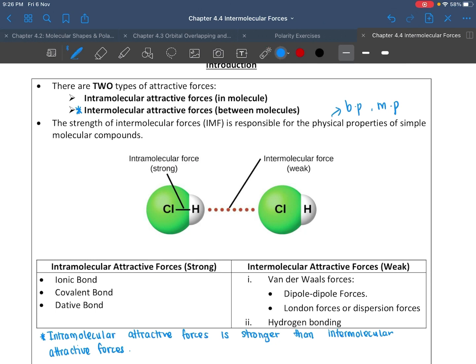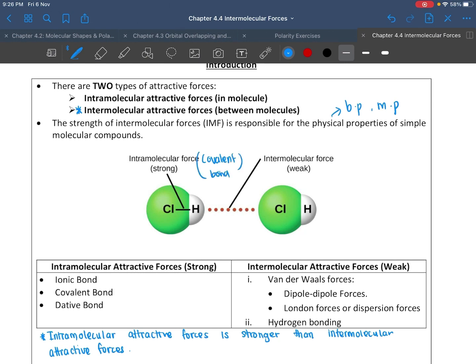If you want to be specific, the type of intramolecular forces between H and Cl, sebabkan H is non-metal and Cl is also non-metal, adalah covalent bond.